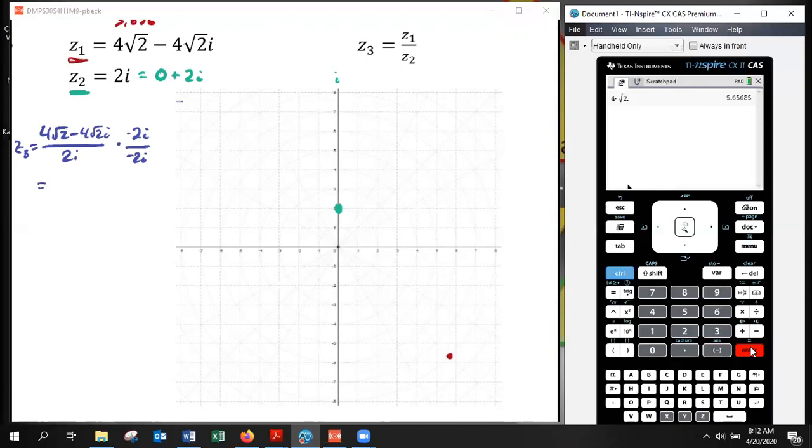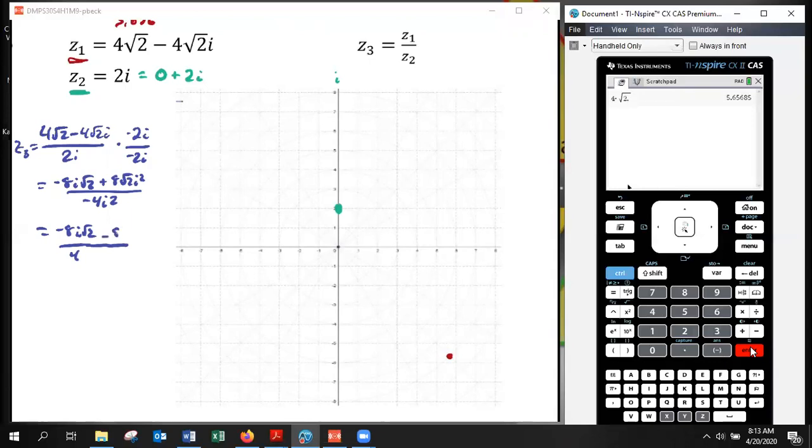We end up with -8i square root of 2, and then plus 8 square root of 2 i squared, over -4i squared, which gives us -8i square root of 2 over a +4. Let's continue that on.